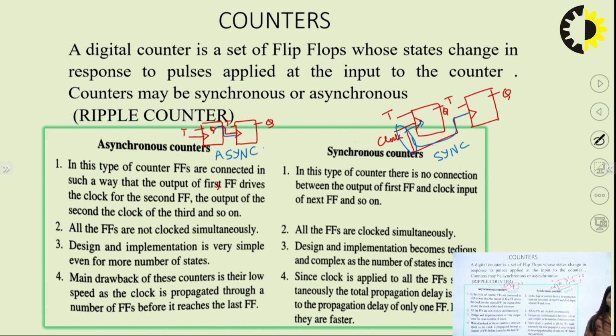So the basic difference is that in an asynchronous counter one flip-flop is driving another, and in a synchronous counter a single clock pulse is governing all the flip-flops. In an asynchronous counter, the flip-flops are not clocked simultaneously, whereas in a synchronous counter, the flip-flops are clocked simultaneously. Another thing is, since one flip-flop is governing the other, the other has to wait for the trigger from the previous one.